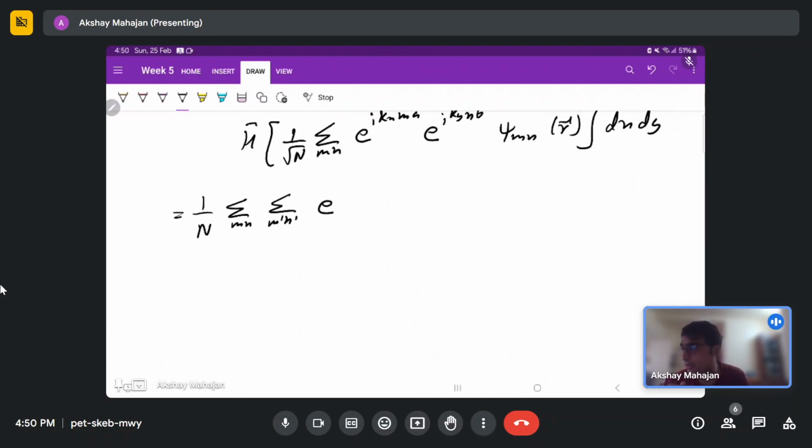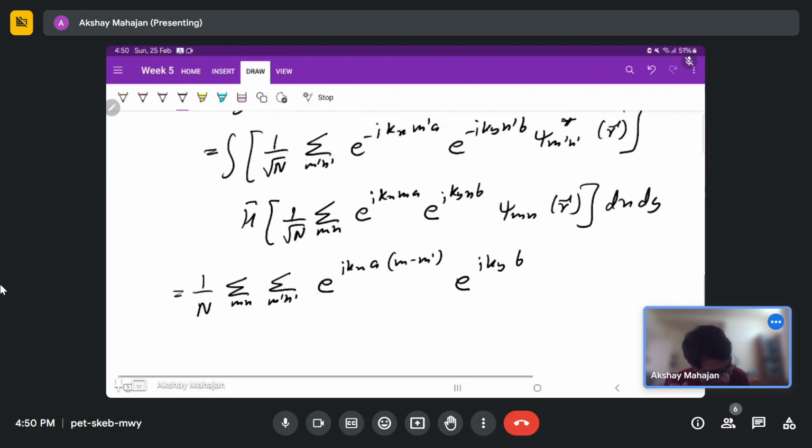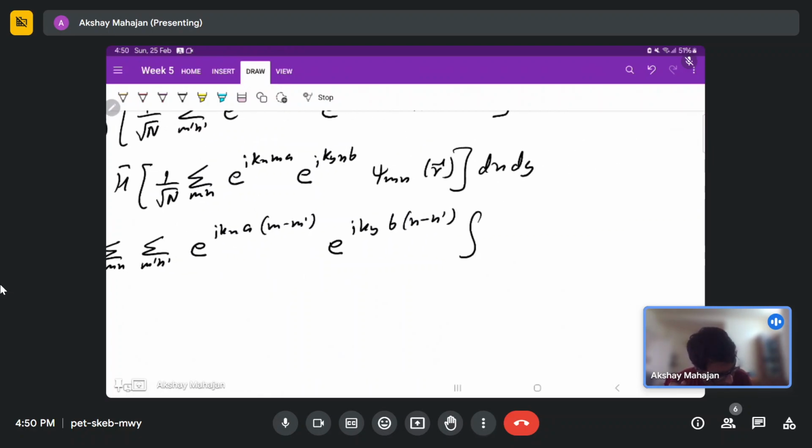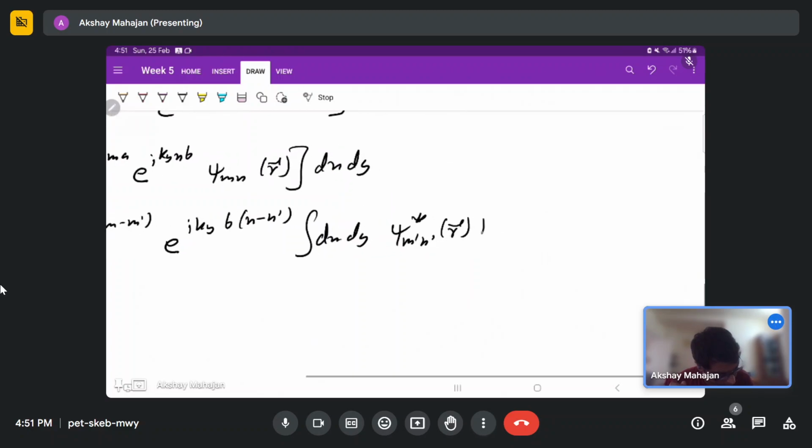We will have e to the power iota kx a, m minus m prime, e to the power iota ky b, n minus n prime, integration over psi of m prime n prime star r vector h cap psi of mn r vector dx dy.